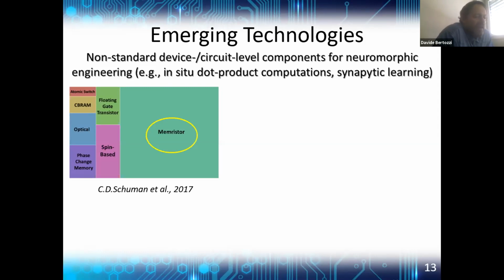They mainly include a variety of components that have traditionally been used as memory technologies, mainly memristors. Here, the size of the boxes represents the amount of works in the open literature that use a specific technology. So memristors are by far the dominating emerging technology for neuromorphic systems.